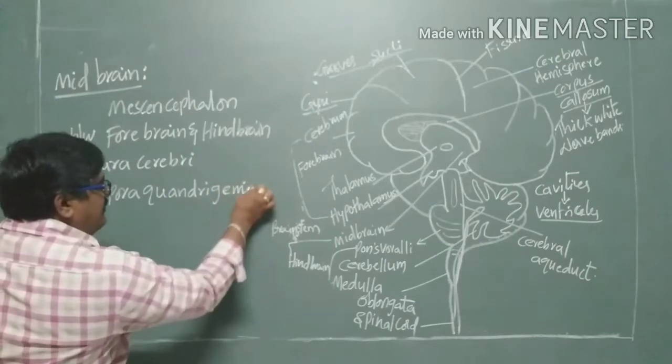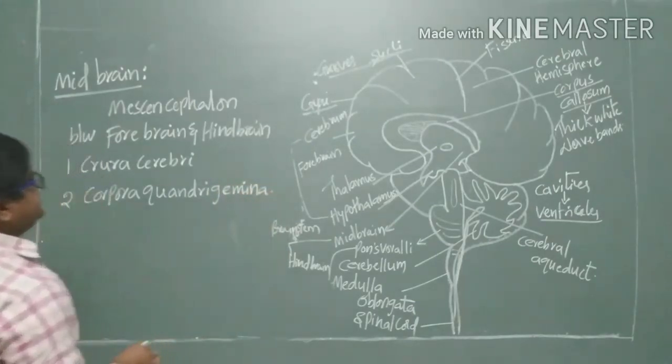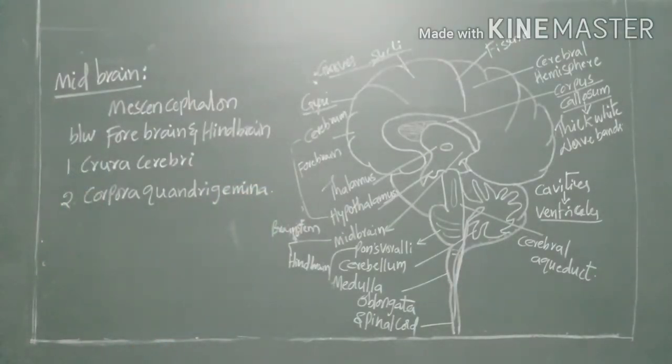So in the midbrain, two structures are present: the cura cerebri and the corpora quadrigemina, and it has a small cavity.